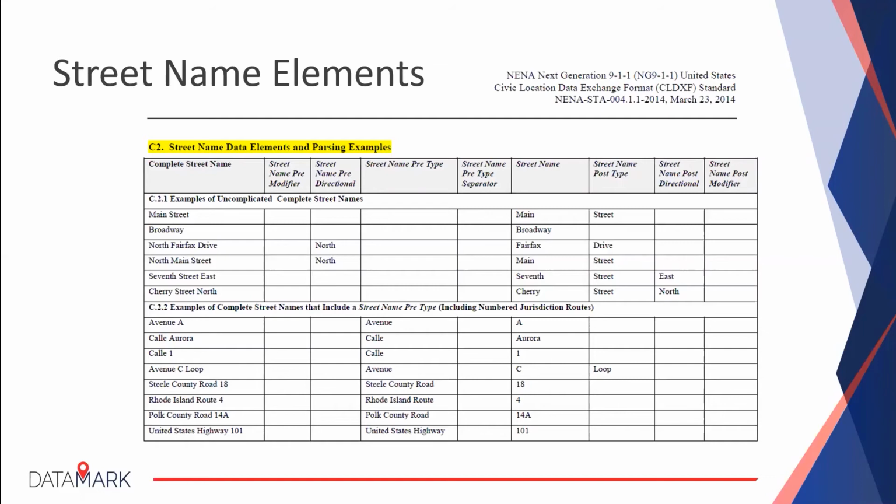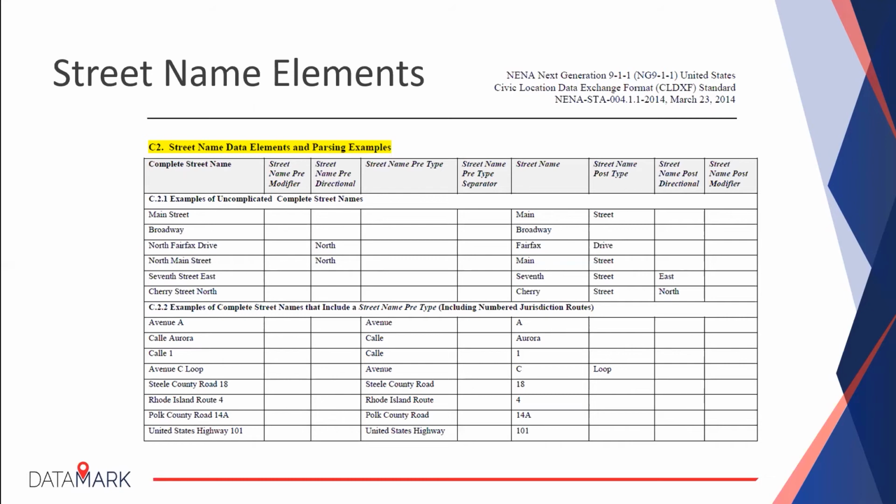The point of that being, not that there's a bunch of weird street names out there, we all know that goes without saying, but there is such a thing as using your wisdom to apply this parsing format. The CLDXF, and therefore the GIS data model, allow for and require flexibility for local addressing authorities to do the right thing with the parsing of their names.